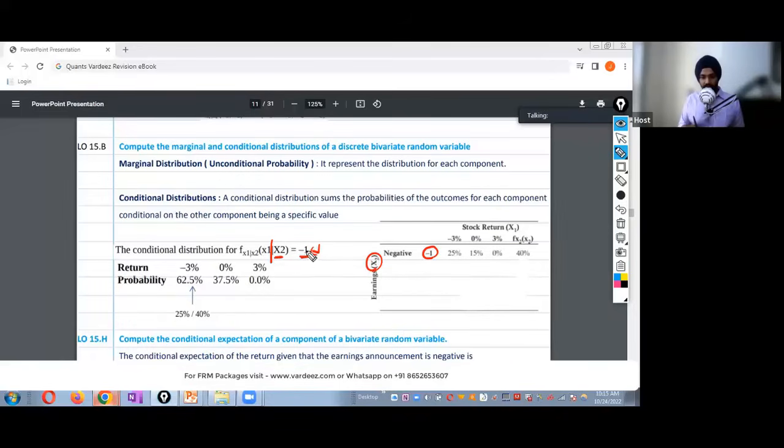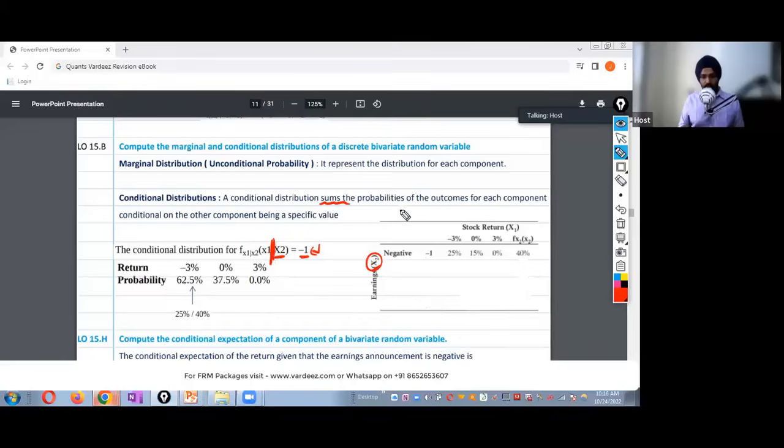All I'm given is -1, which I have selected over here. Now what do I need to find? I need to find the x values given that the earnings, the x2, is -1. The earnings is -1, x2 is -1. So how do you find the x value?